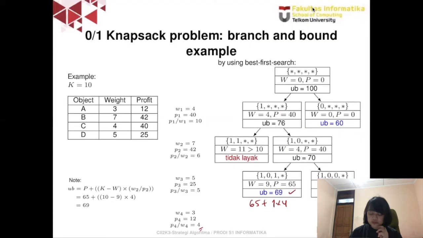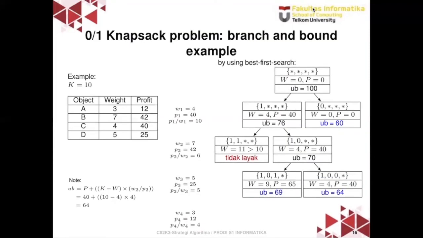And for the next option here, again, we have total weight of 4 and total profit of 40, and the upper bound will be the total profit we have so far, plus the possibility to fill up the remaining capacity with the largest density we have up to this point. So the remaining capacity is 6, and the largest density we have is 4. So the upper bound is 64.